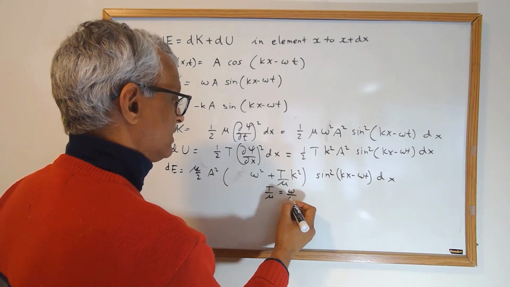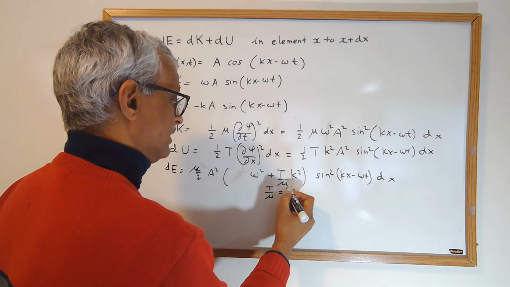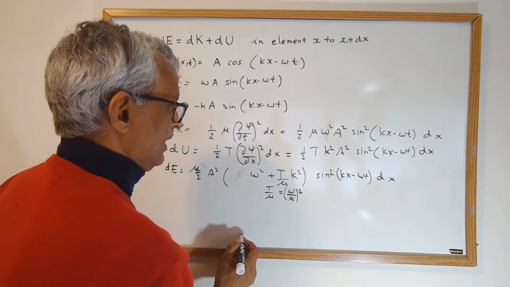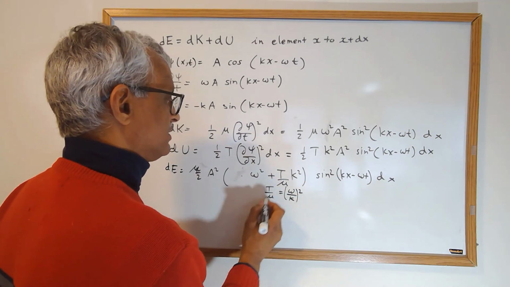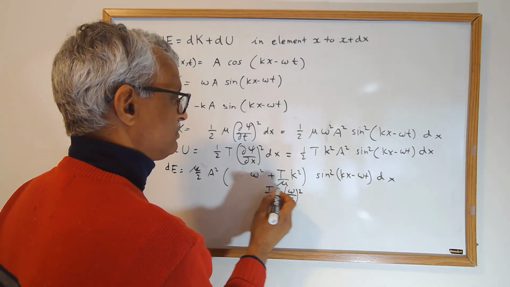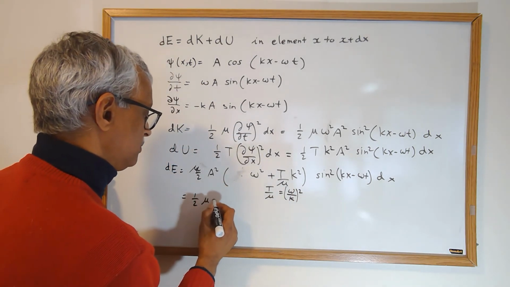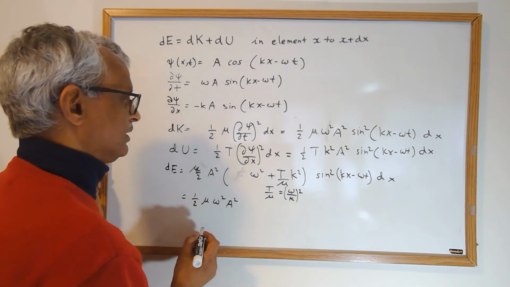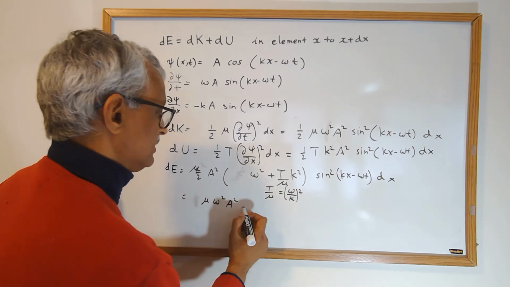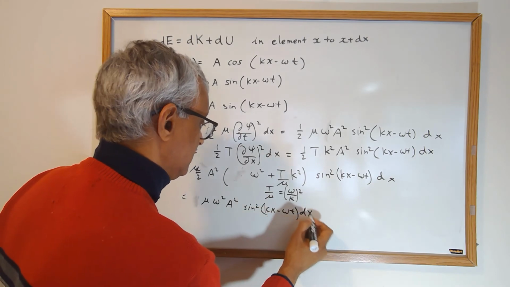This is omega over k, omega over k square, right? So this makes a square, and because of that you cancel the mu, T over mu times k square is omega square. So this actually is half mu omega square a square, and omega square plus omega square makes it full sine square kx minus omega t dx.